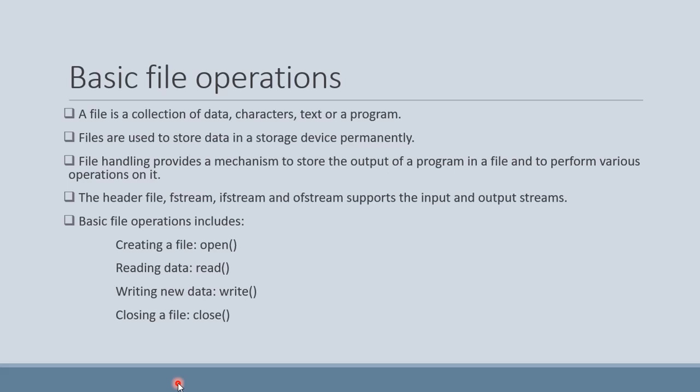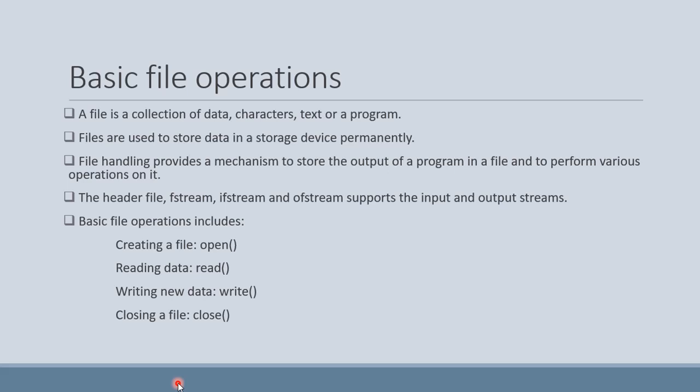Now, C++ provides us with different mechanisms to handle a file and perform various operations on it. File operations mainly come under the fstream header, that is ifstream or ofstream for input and output respectively, and they support input and output streams from the file.